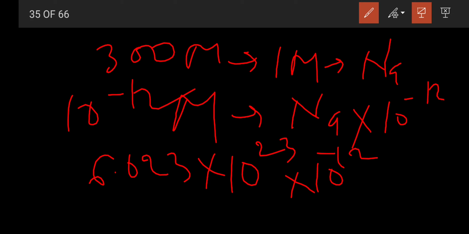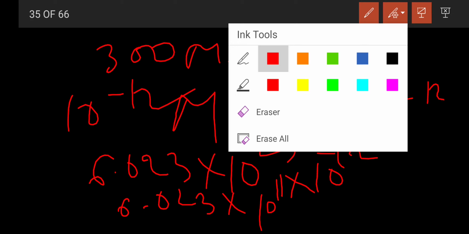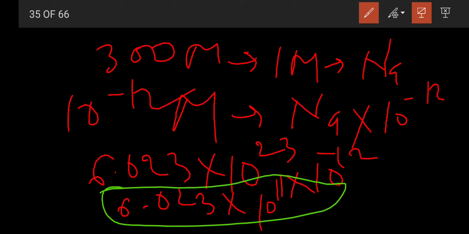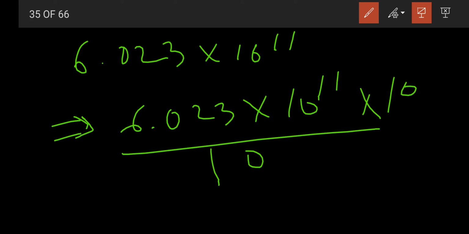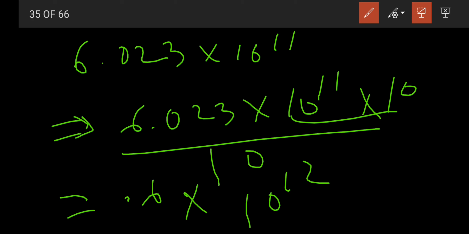What is the answer? 6.023 into 10 to the power 11, since 23 minus 12 is 11. But the answer is asked in 10 to the power 12, so that gives 0.6 into 10 to the power 12.